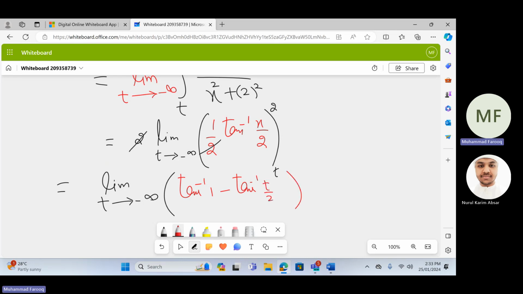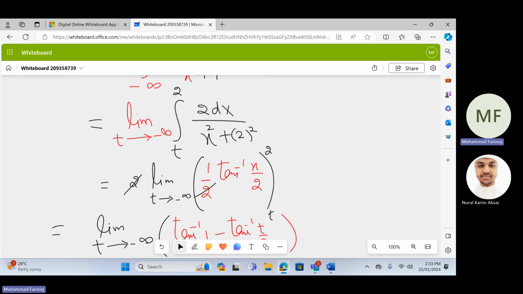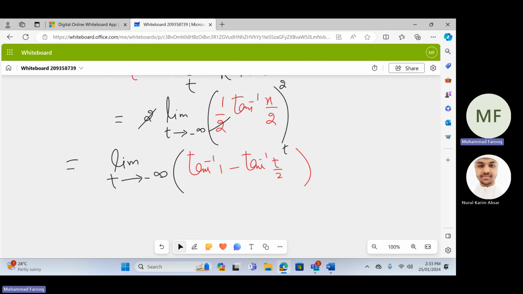Until here, any question? First of all, we made an improper integral format. The question was like that. What we did, we changed the name of this to t, and then we said t is approaching negative infinity. Then this one we integrate. Look at here. It has upper and lower limits. We substitute upper and lower in my answer.